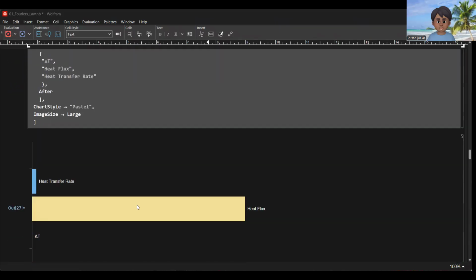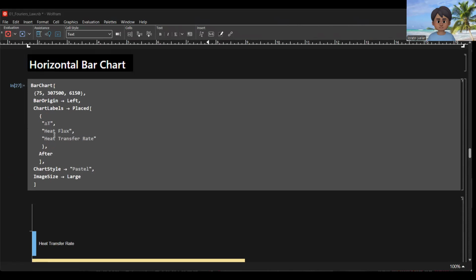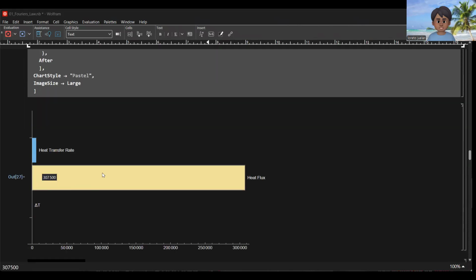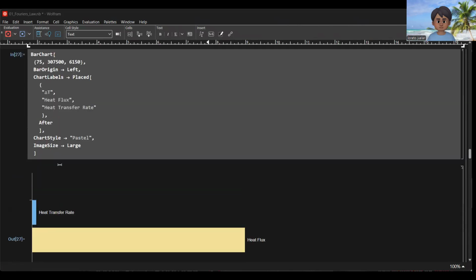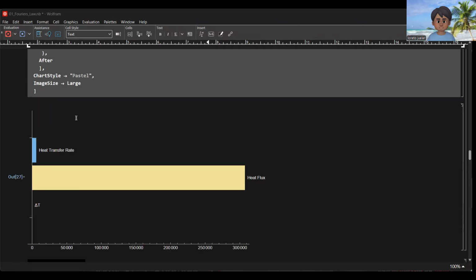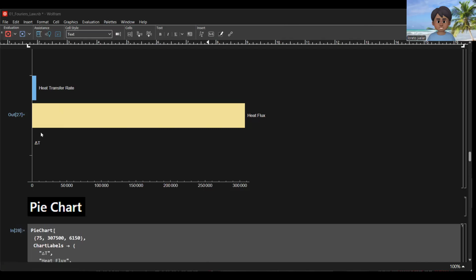For the horizontal bar here, using Mathematica, the height is the heat flux, and the horizontal height of the heat transfer rate is given by 6,150.